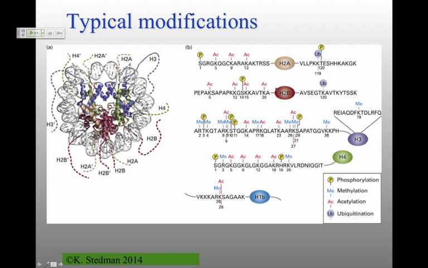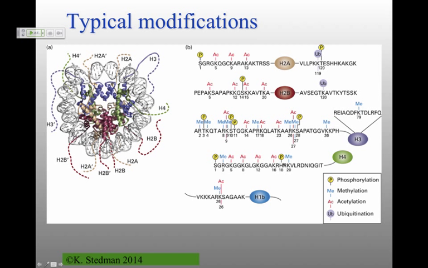They rarely all happen at the same time. H2B, and probably histone H3 is the best studied, partly because it seems to have the most modifications. Here's an example, particularly this lysine at position 9. It can be methylated, it can be acetylated. You can get 1, 2, or 3 methyl groups added to it.